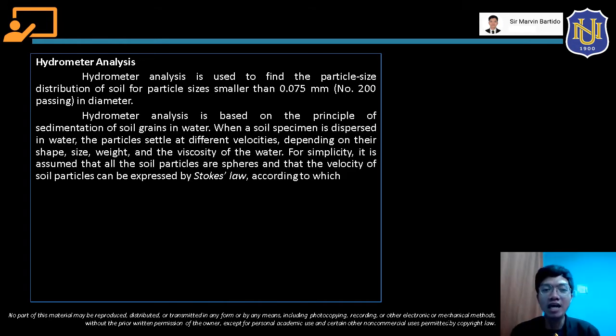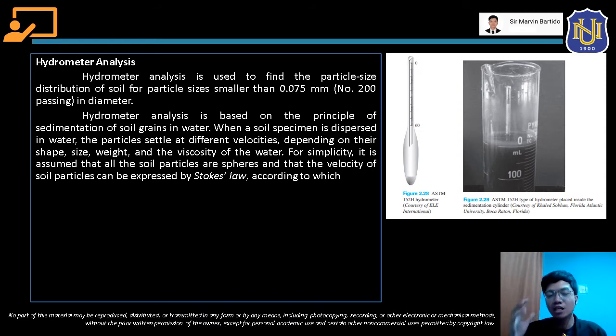Hydrometer analysis is based on the principle of sedimentation of soil grains in water. In this principle, when a soil specimen is dispersed in water, the particles settle at different velocities depending on their size, shape, weight, and the viscosity of the water.